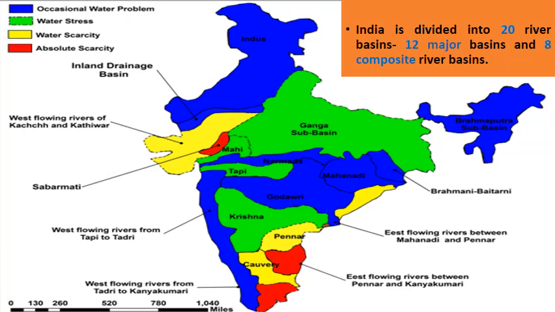India is divided into 20 river basins: 12 major basins and 8 composite basins.